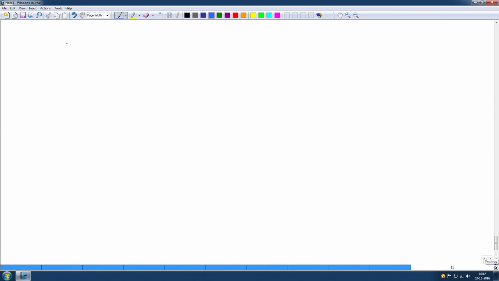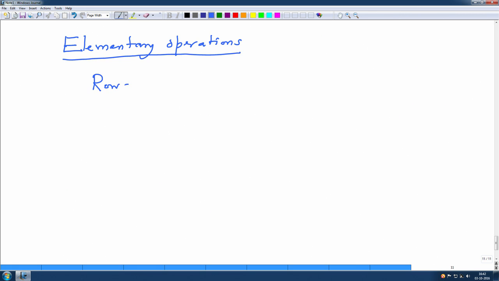Okay, now I want to define elementary matrices. So, these elementary operations. And remember, they were elementary operations involving rows and columns.